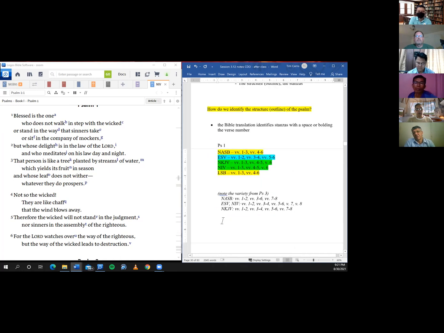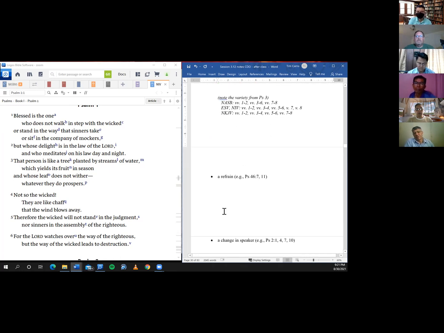For example, do you see a refrain in the psalm? Remember, a refrain is like a chorus. It is a repeated line or repeated verse that comes at the end of a stanza.